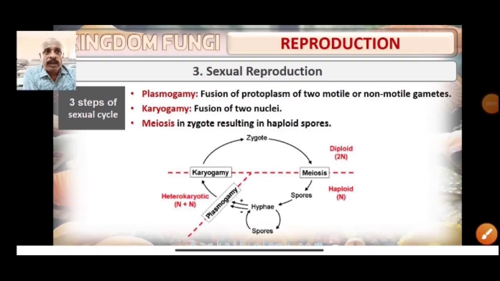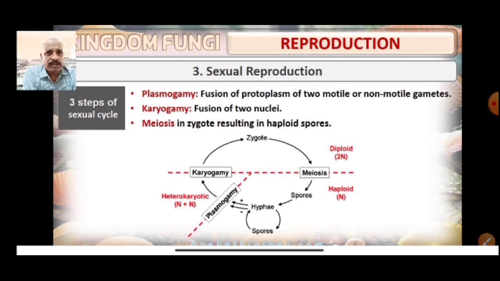Okay. Sexual reproduction includes three steps. One is called plasmogamy, the second is karyogamy, and the third is meiosis. Always, sexual reproduction takes place by these three steps. What is meant by plasmogamy?